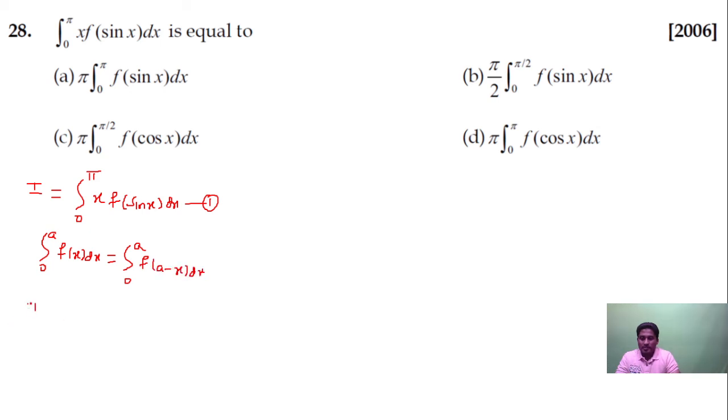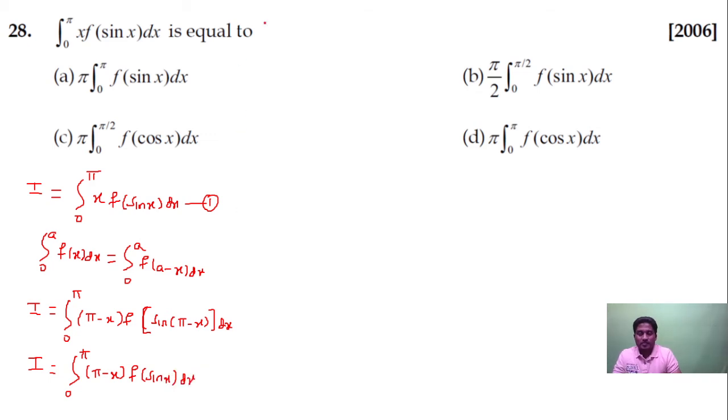So I is equal to integration 0 to pi, upper limit minus x, which is pi minus x, and then f of sine of pi minus x dx. F of sine of pi minus x will be equal to sine x.